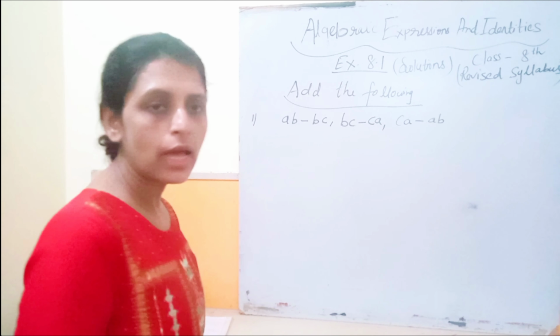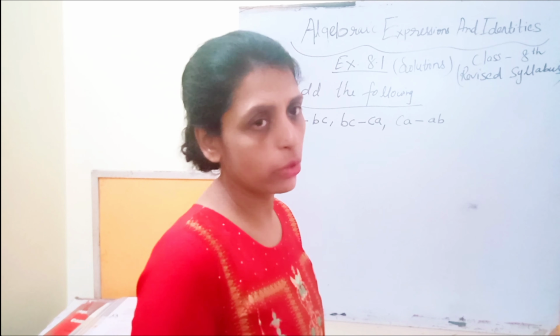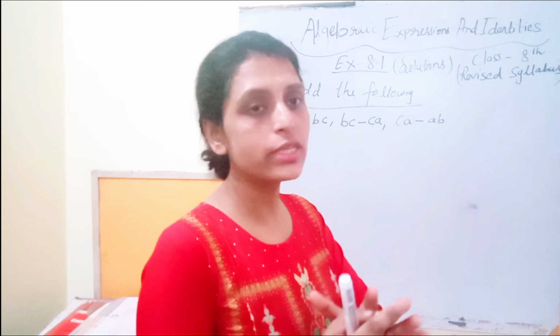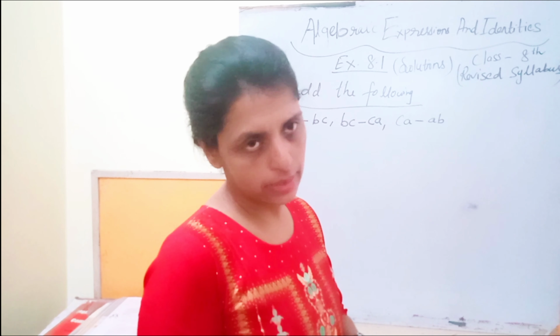So one method I discussed earlier in my videos is that we can use the column method to add algebraic expressions. And I told you, whenever I come up with this topic, that only the like terms will get added or subtracted, okay.